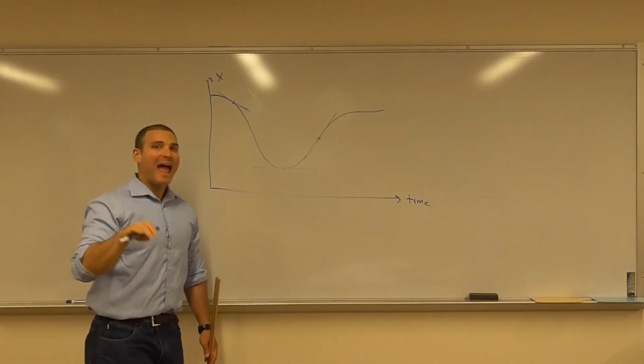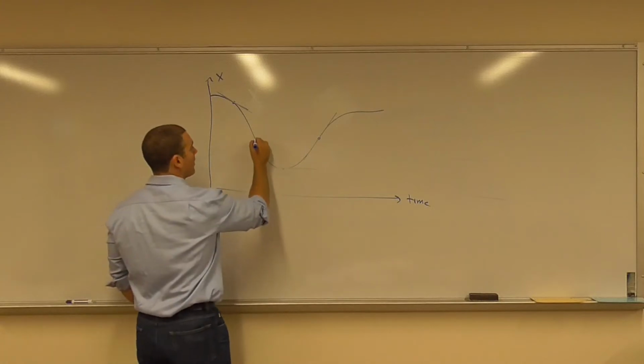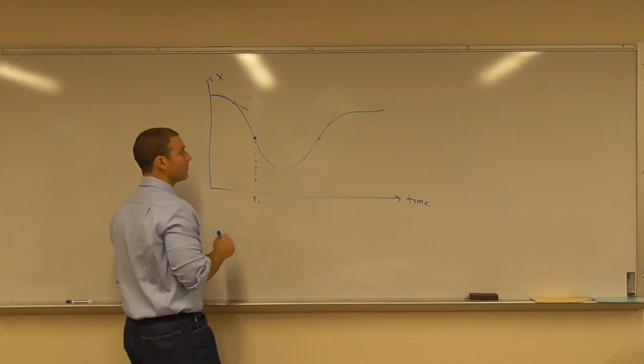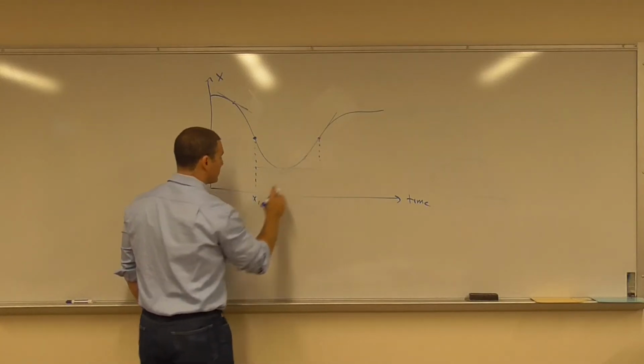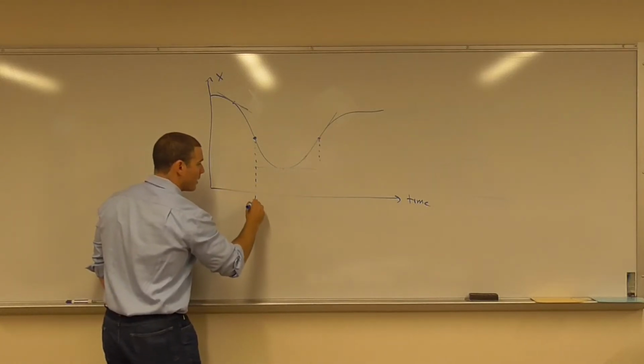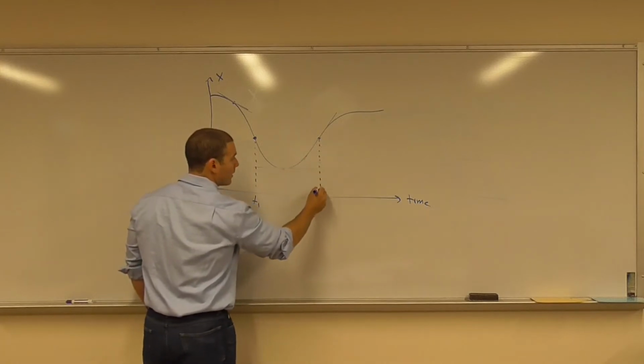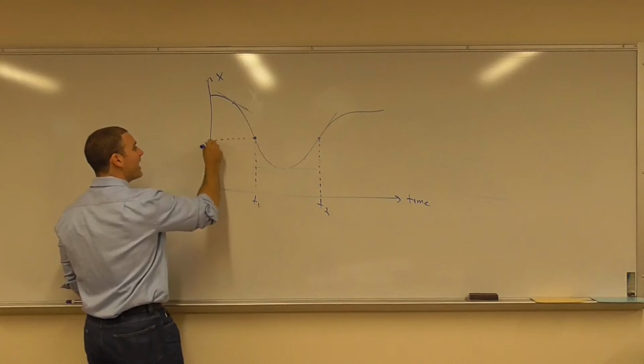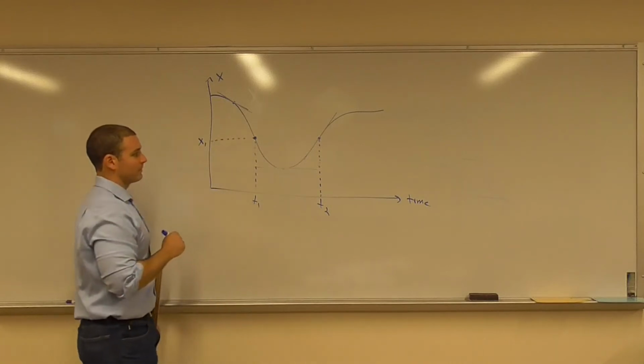But if I were to look at the average velocity, say from here, call this x1, and here, I'm sorry, this is t1, I apologize, to here, this is t2. Those correspond to the same x position.